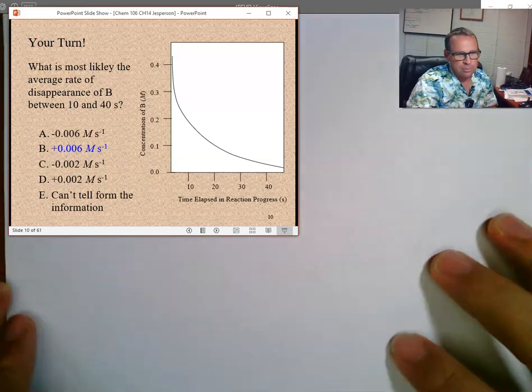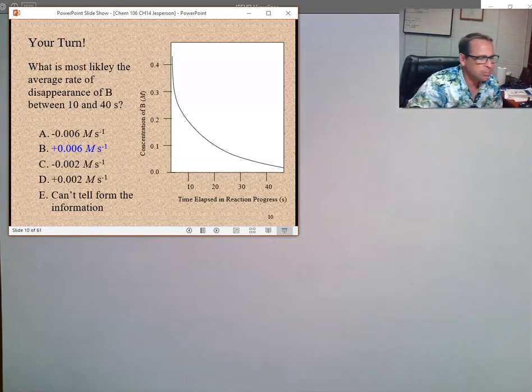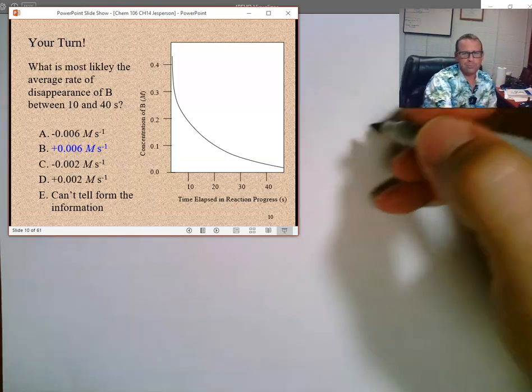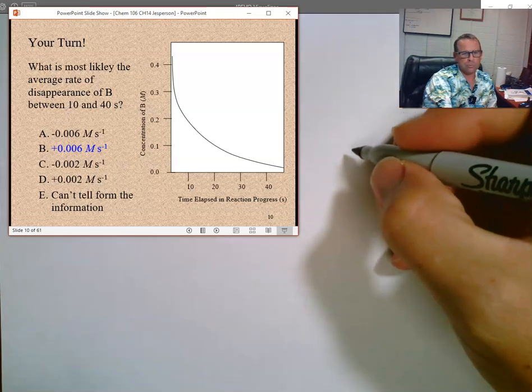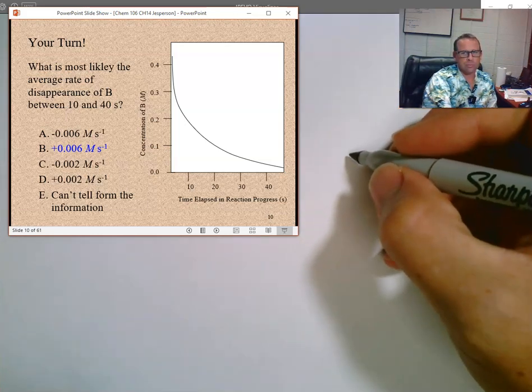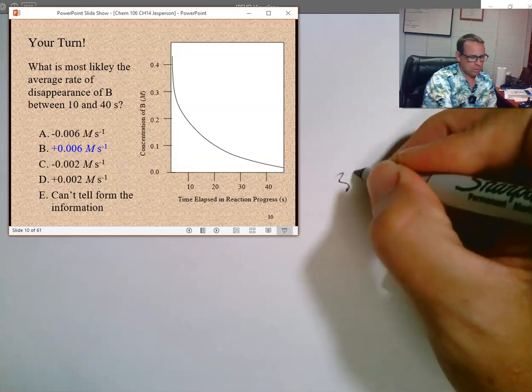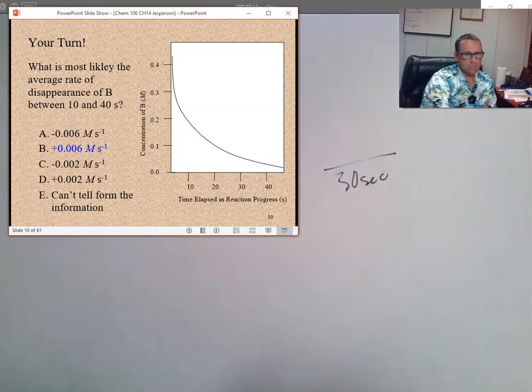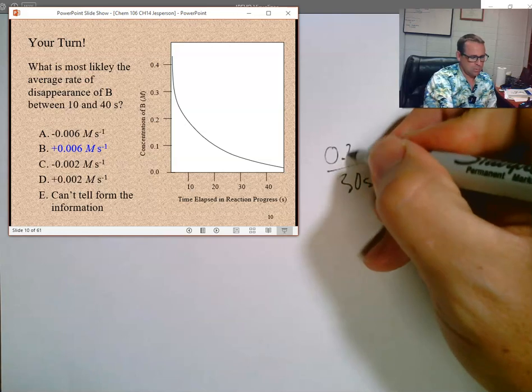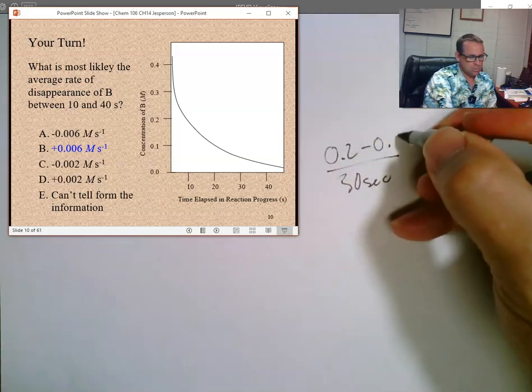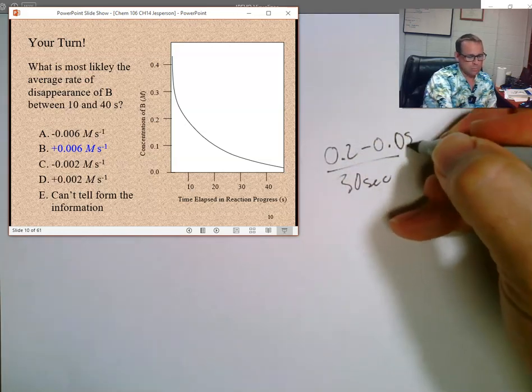Okay, so what did you do to do this one, Alyssa? So it sounds like the average rise over run for that problem. So from 10 to 40 is about 30 seconds. And then the problem starts concentration-wise at about 0.2, and it goes to about 0.02, I guess.